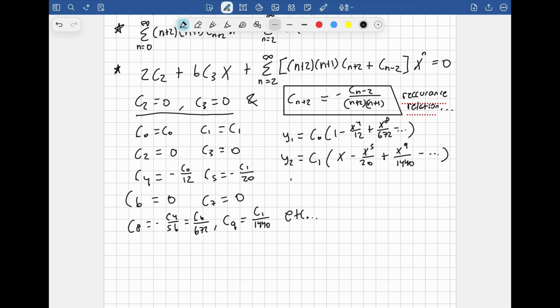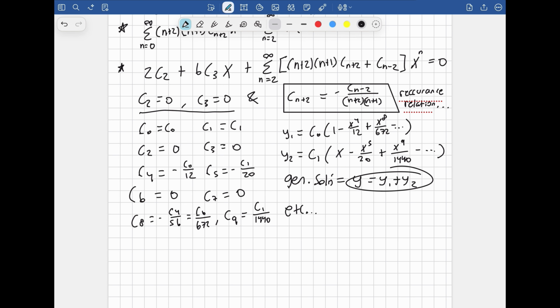And our general solution is going to be y equals y1 plus y2, which you can write out, but I'm not going to. It's also good to realize that the coefficients, or the n terms, rely on the term 4 ahead of them.